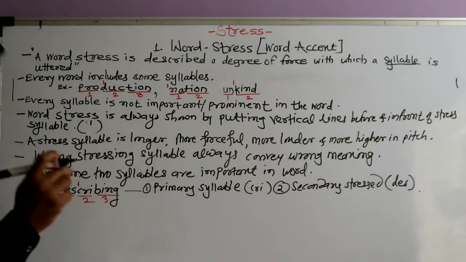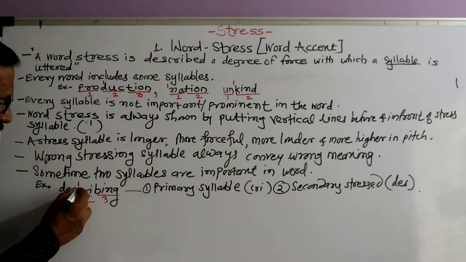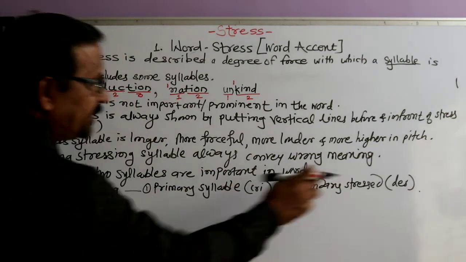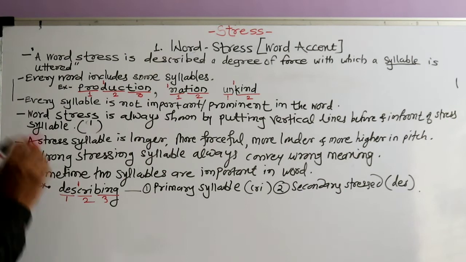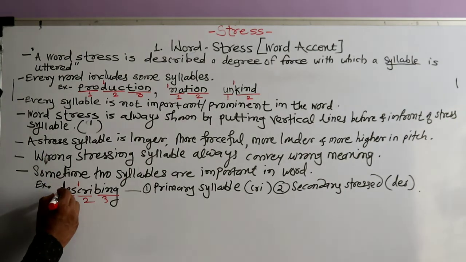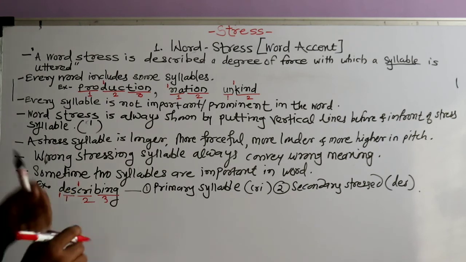The primary syllable always has the trace mark on and before the syllable. And the secondary trace syllable also has a secondary mark, which is kept below and in front of the syllable.